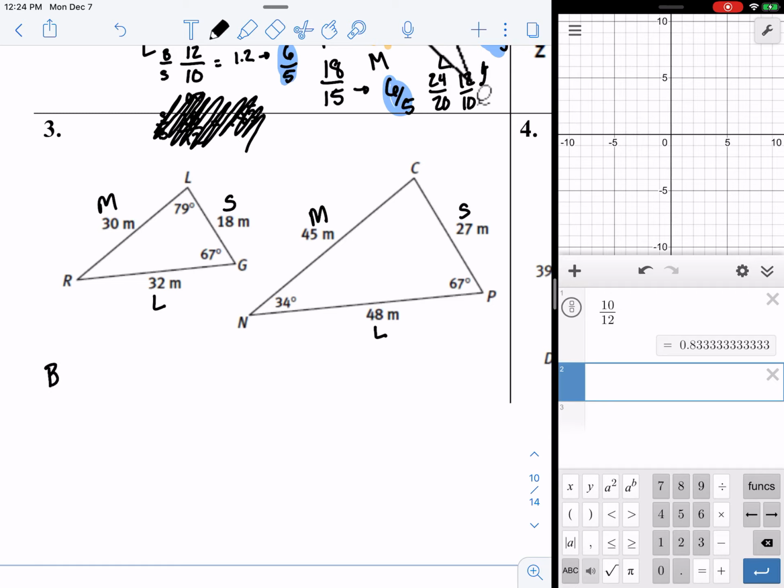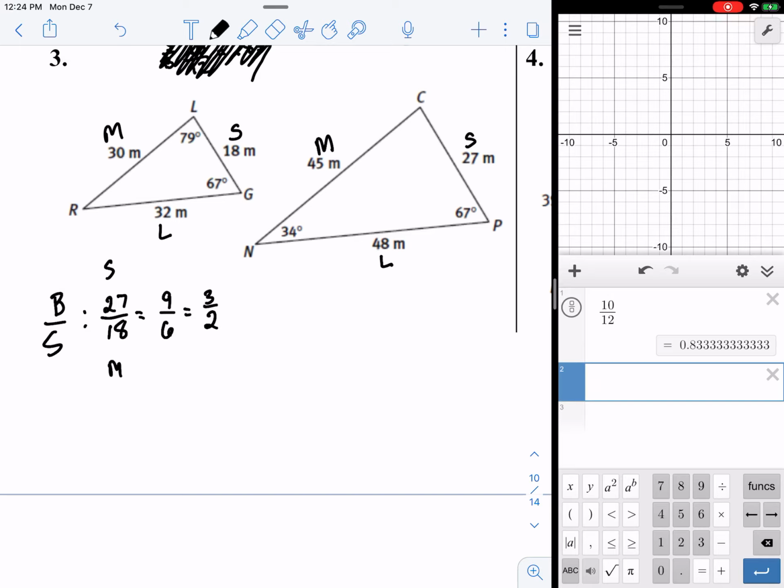Again, I like doing big to small ratios. So my shortest side, 27 over 18, is 9 to 6, which is equal to 3 to 2.